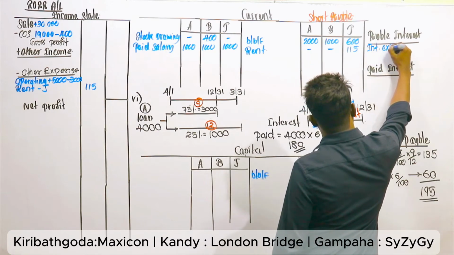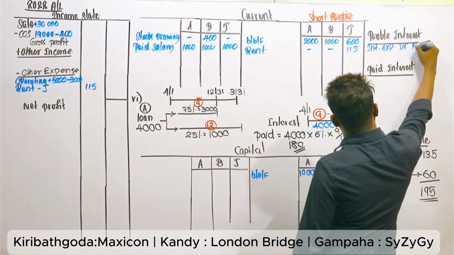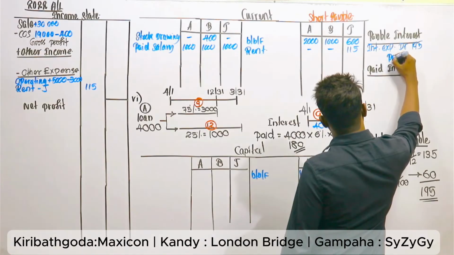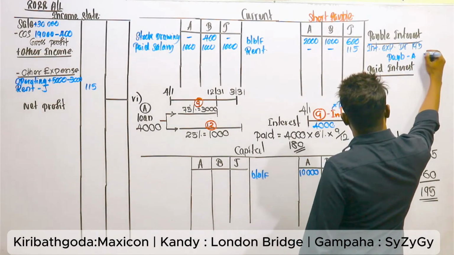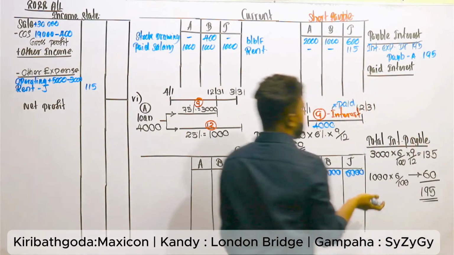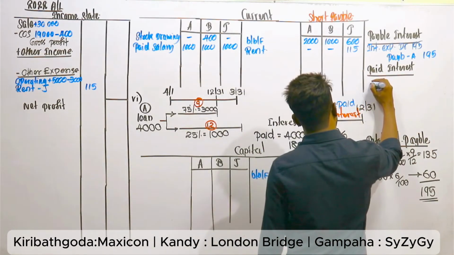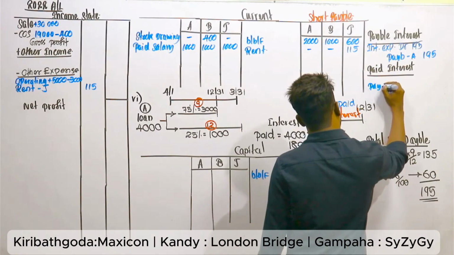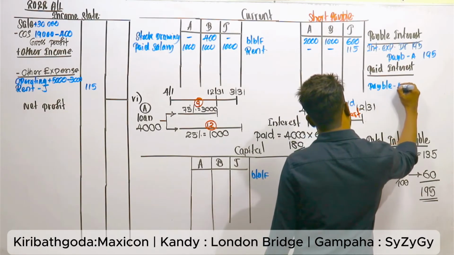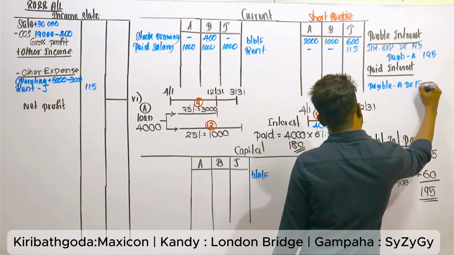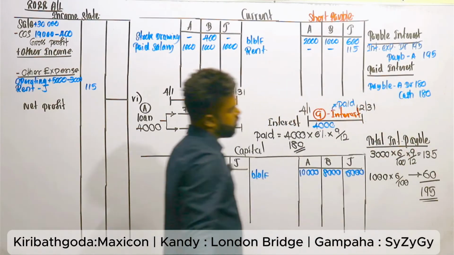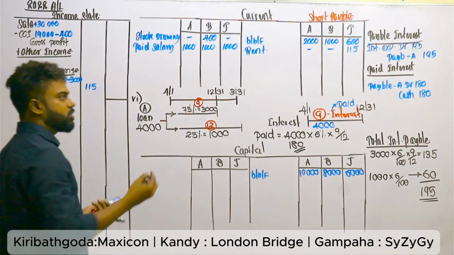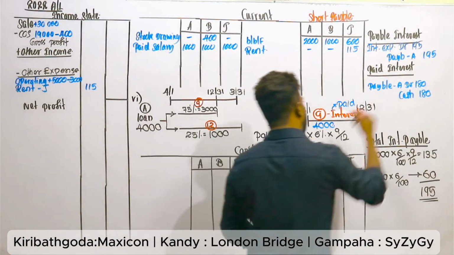Interest expense debit 195, and it should be payable. Payable amount 195. When it is paid, payable amount debit 180, cash credit 180. But now the payable things we have to adjust through the current account.